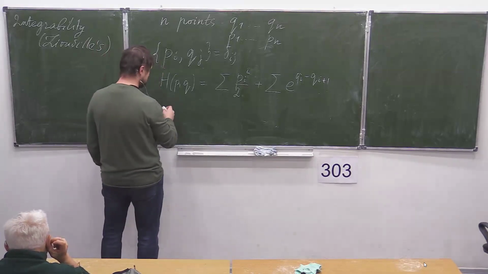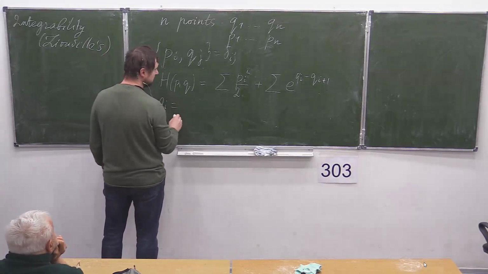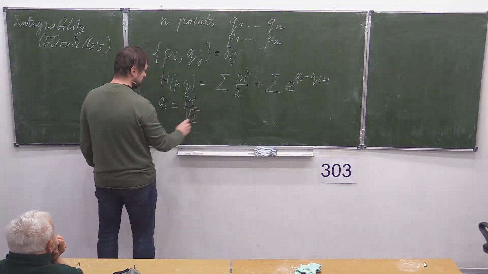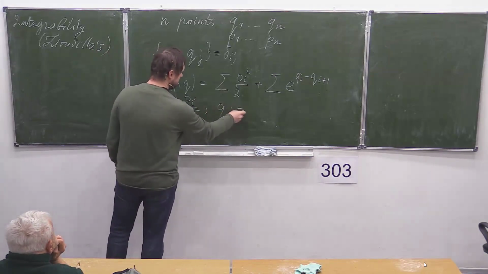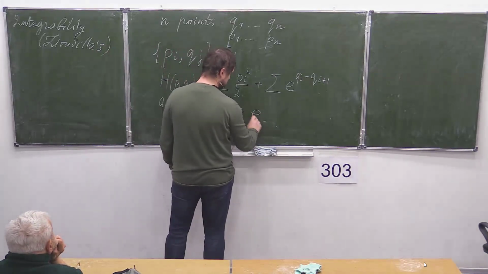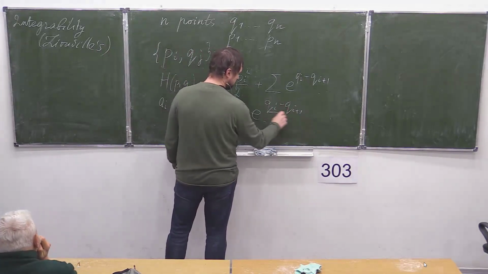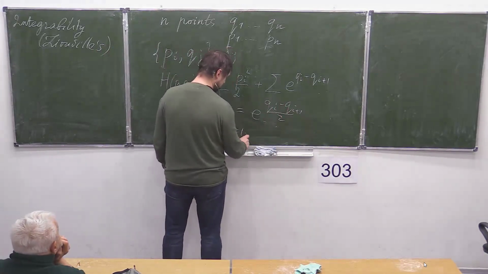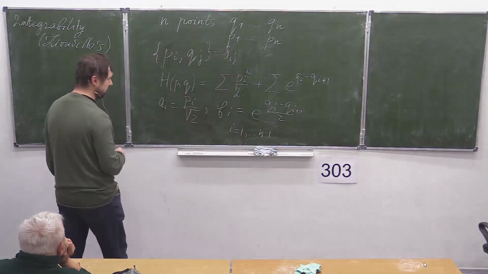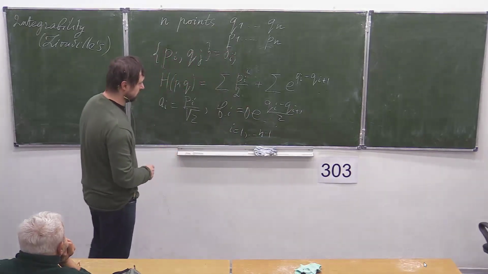So now we take ai equal to pi divided by square root of 2, and bi equal to the exponent of (qi minus qi plus 1) divided by 2, where i goes from 1 to n minus 1 now. I believe there was some constant coefficient here, which I don't remember.